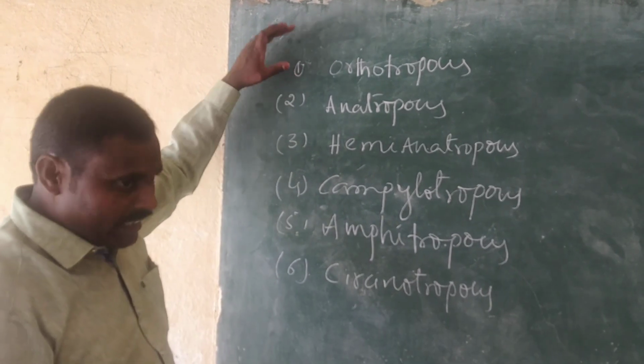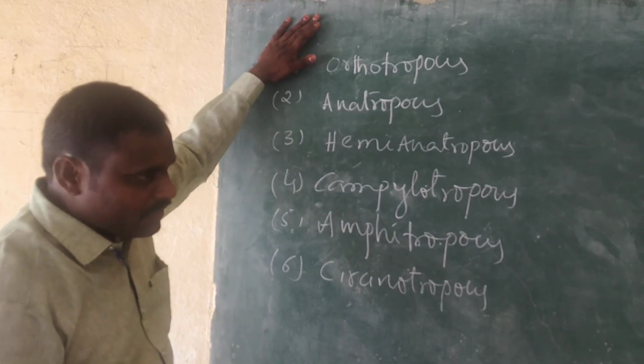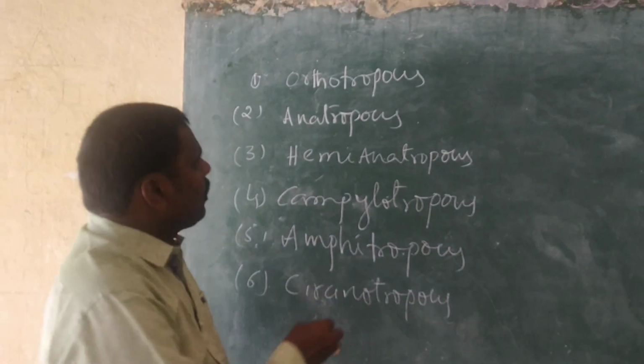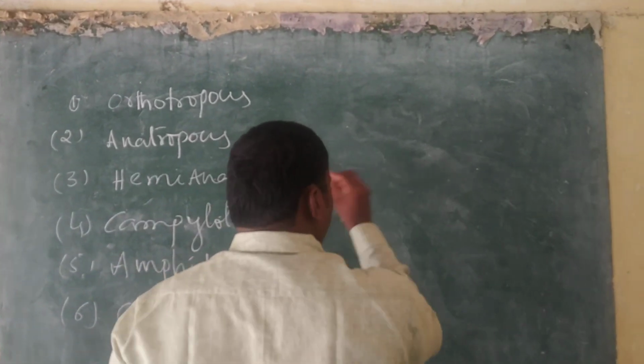Now we will discuss each one separately. The first one is orthotropous ovule.